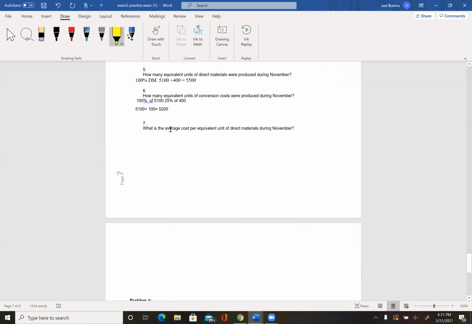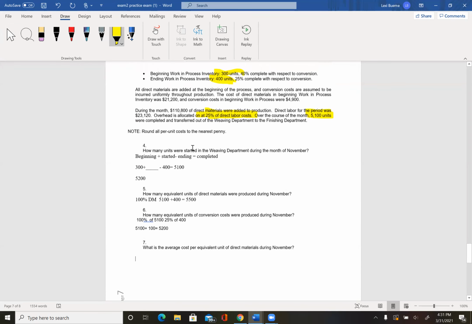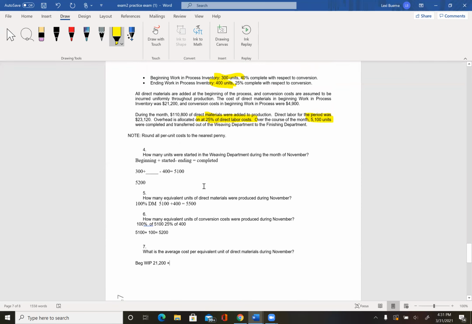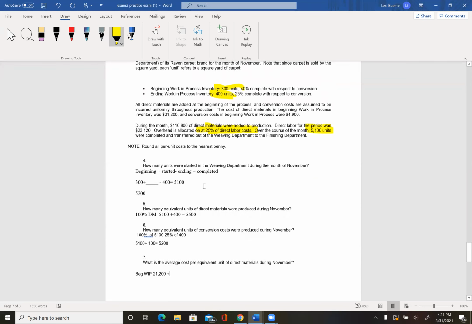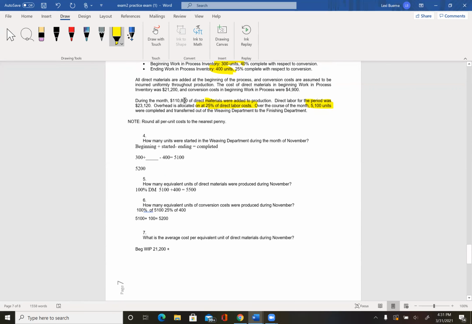And then for number 7, you look at average costs. So for average cost, the formula is just going to be, you're going to use the 2,100 of beginning WIP, and then you're going to add in the 110,800, which is going to be right here, the direct materials.